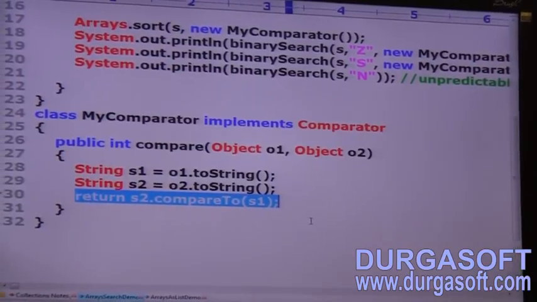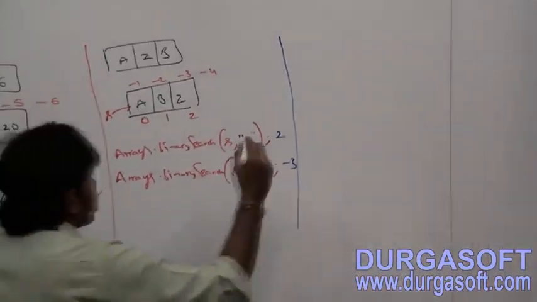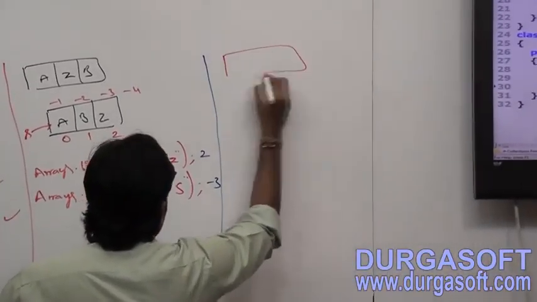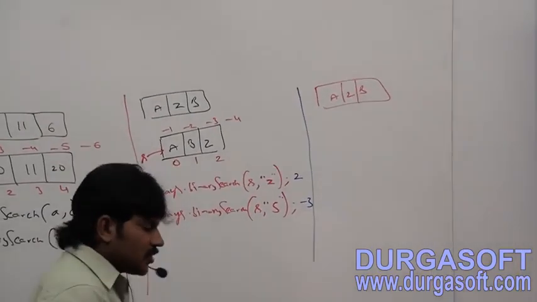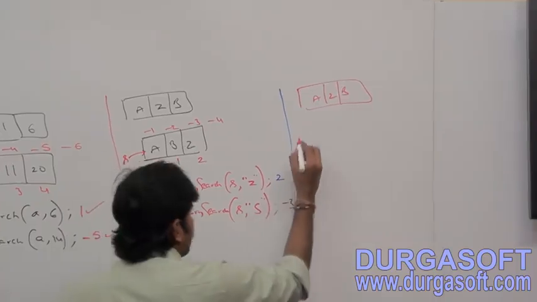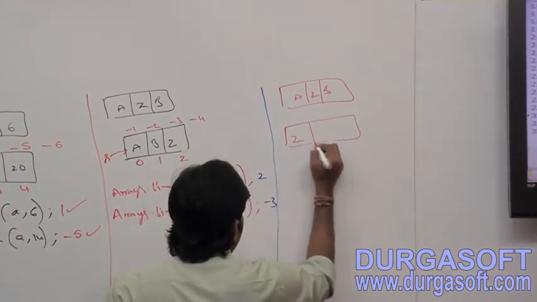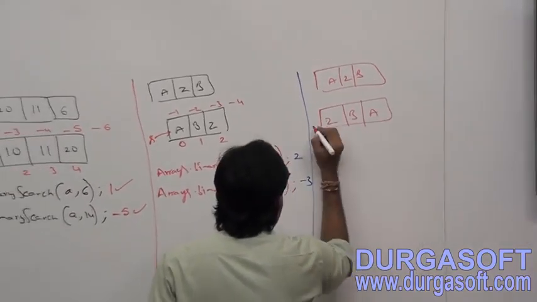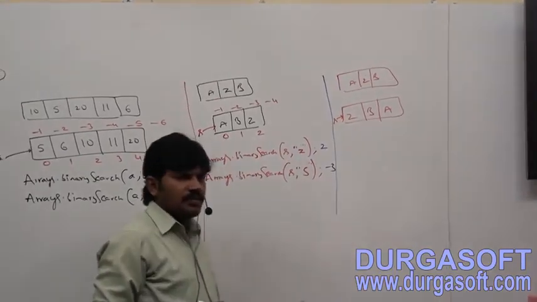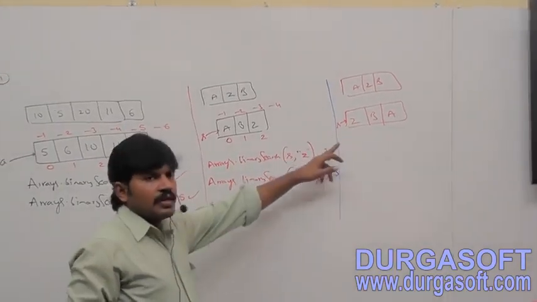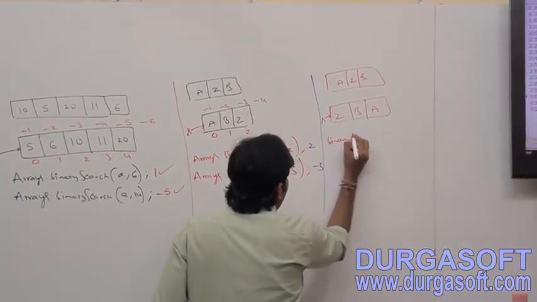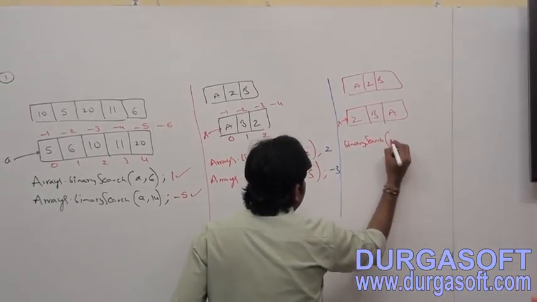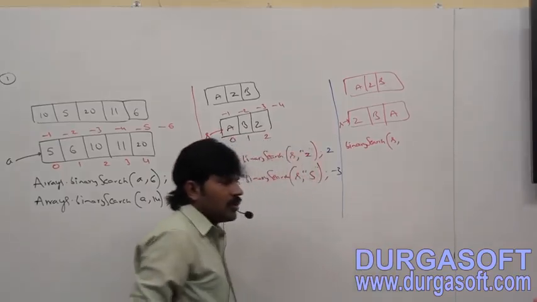Now what will the array become? Actually A, Z, B is the array. After sorting according to reverse order, what is the result? Z, B, A. Okay, this is Z, B, A. Now I have to do binary search of S, comma, you are searching for what?